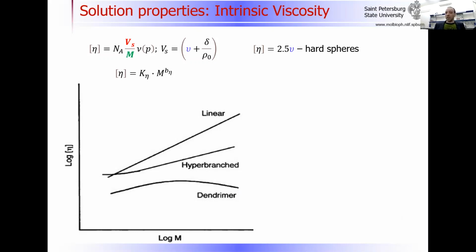The same dependence was also proposed for the hyperbranched polymers, but so far experimental results do not confirm such expectations, I would say. Later I will show you the results that we obtained.